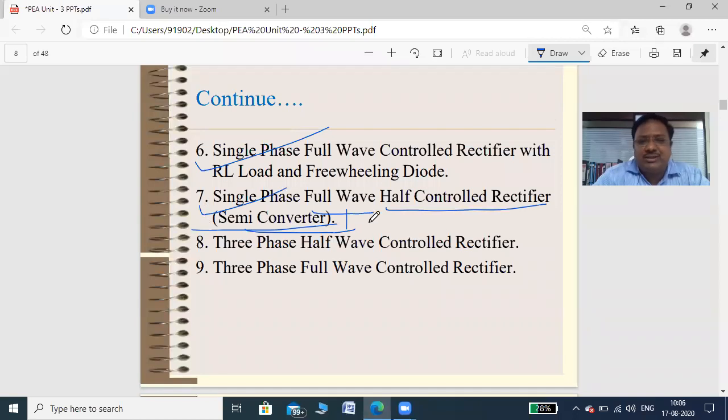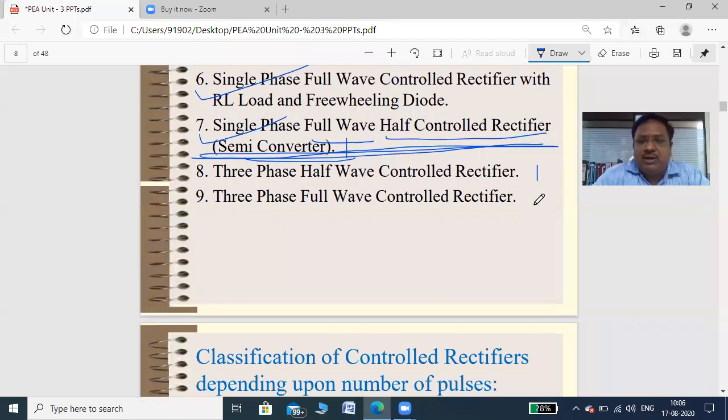So this part is already over. Total 7 converters we have seen. Only 2 converters remain, which are difficult to understand and require more time. So maybe the next 3 to 4 lectures we require to complete the three-phase controlled converter.